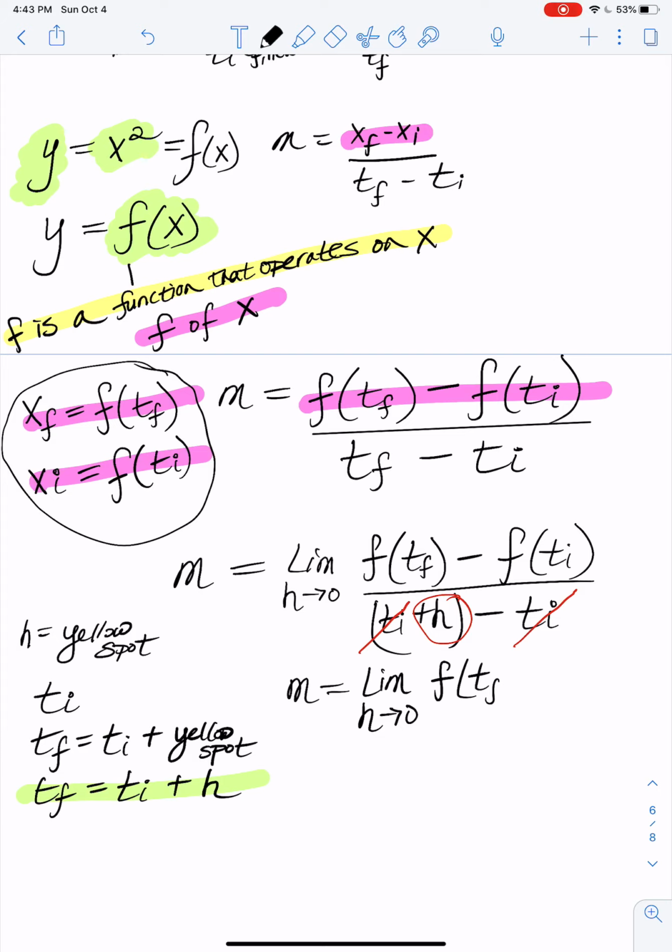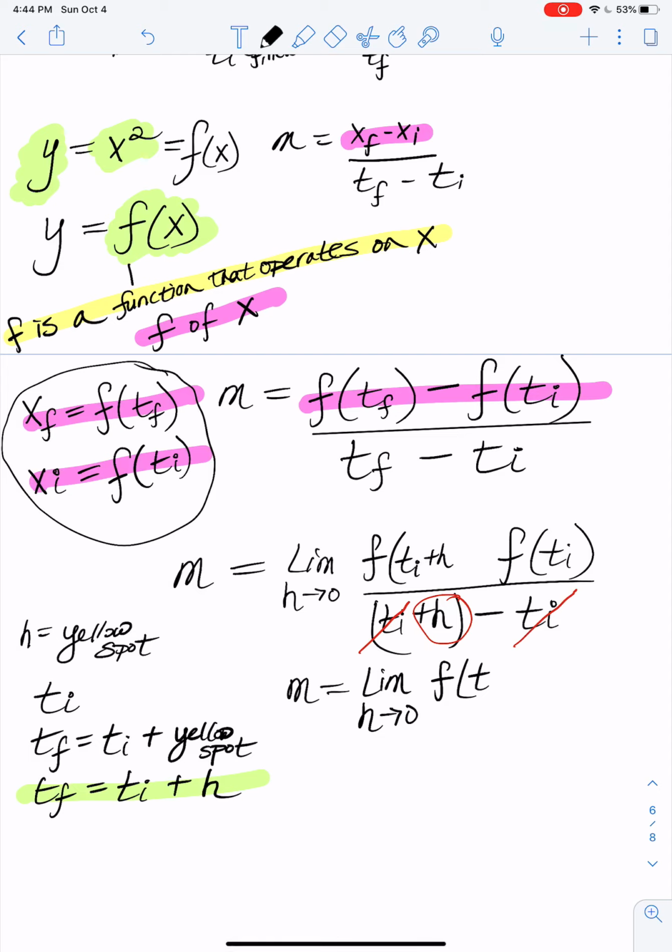Let me think about that for a second. I've got to change this top. I forgot to change the top. So this tf needs to be written on top as ti plus h. That was bad of me. Let's fix that real quick, because we're operating on ti plus h.